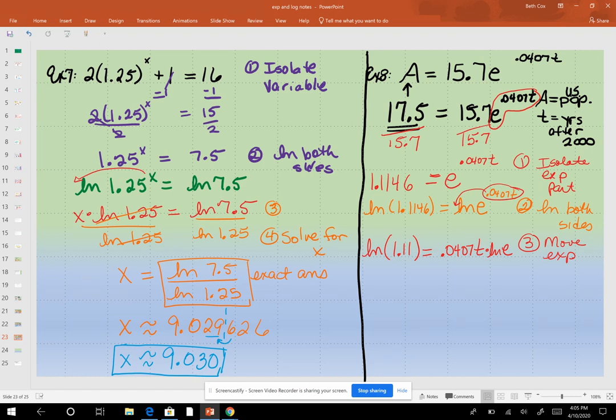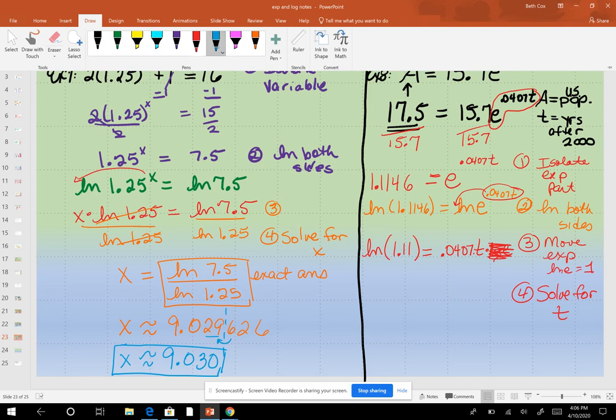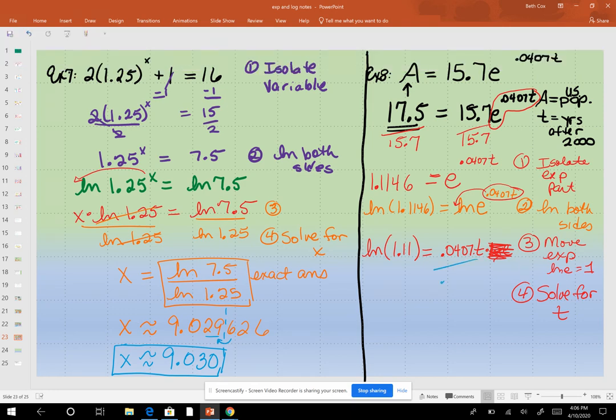Okay, so now if you'll think about it, we did one that was kind of similar to this. Remember, natural log of e is 1, so that's really just times 1. And we're solving for t. So all we have to do to solve for t is just divide, right? So I'm going to divide both sides by this 0.0407.